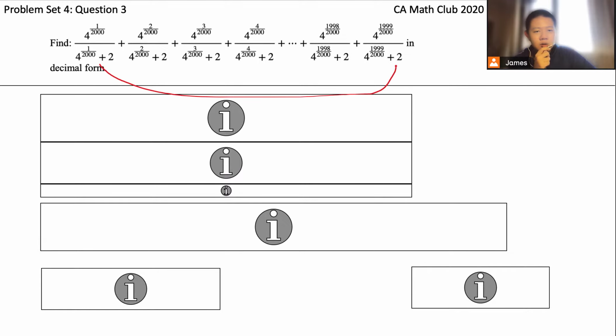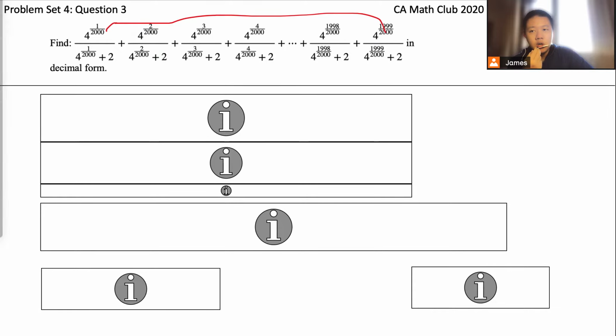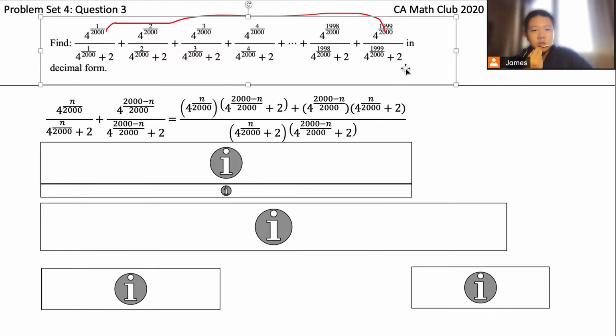When you are just starting, you should at least be thinking in this direction. Actually, you could do it this way for this question, by pairing up the numbers with each other. You would pair the first one and the last one, and also the second one with the second from the last.